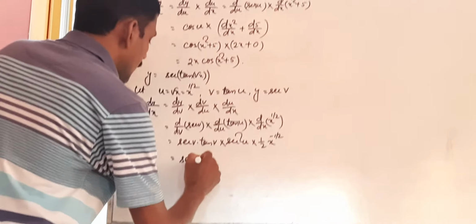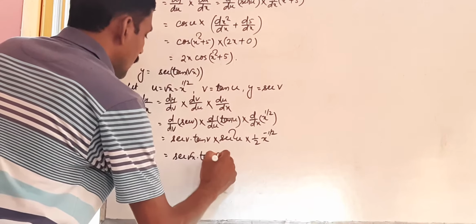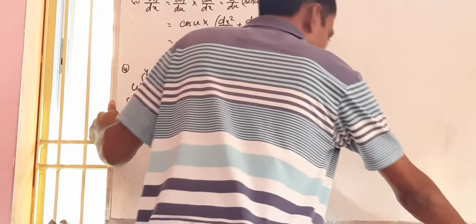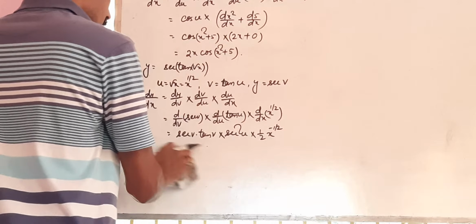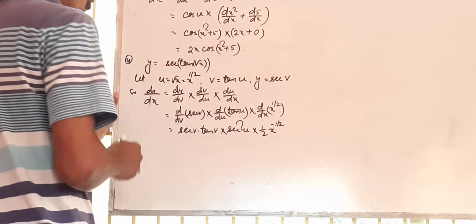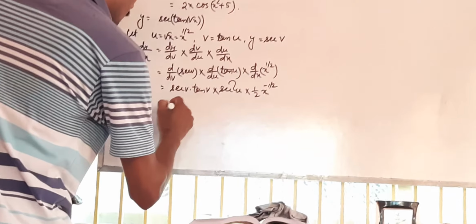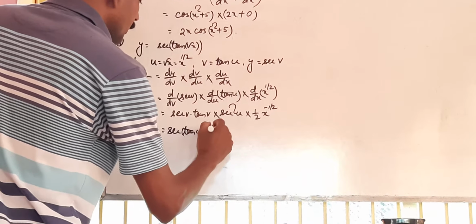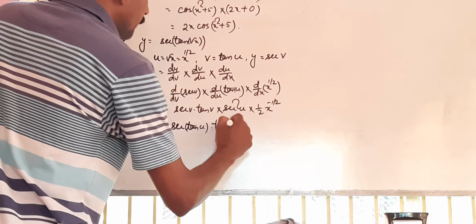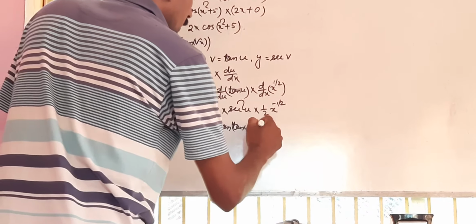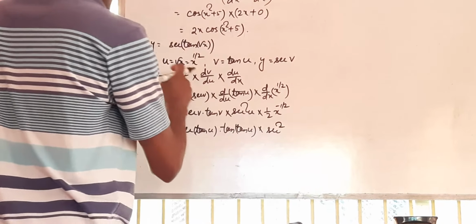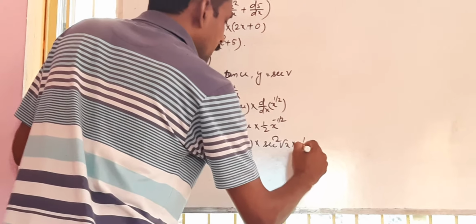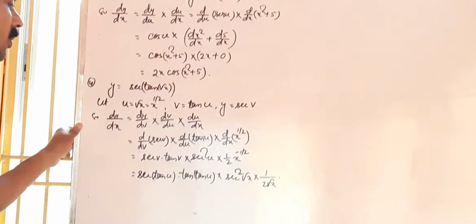So it is sec tan u into tan u into sec square u into 1 by 2 root x, where u is root x.